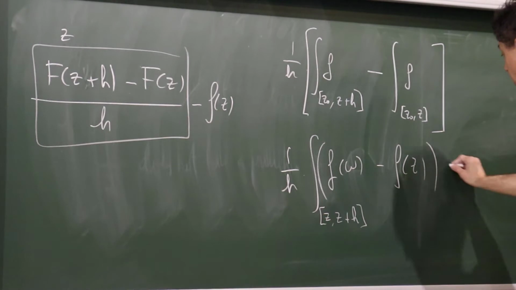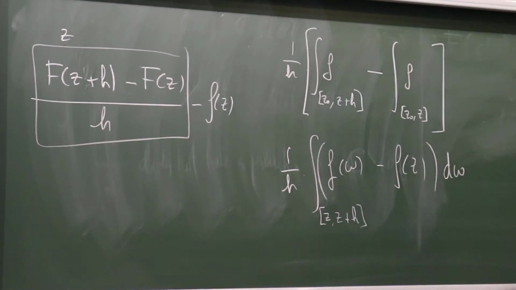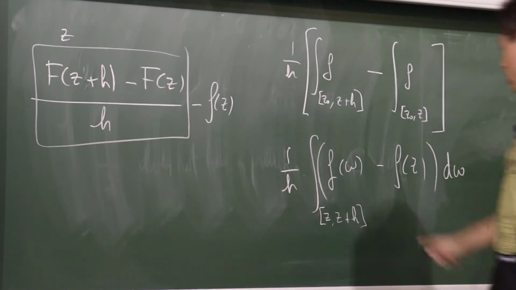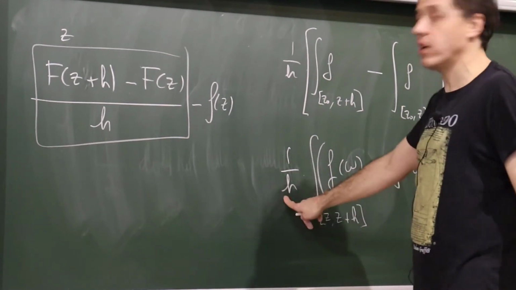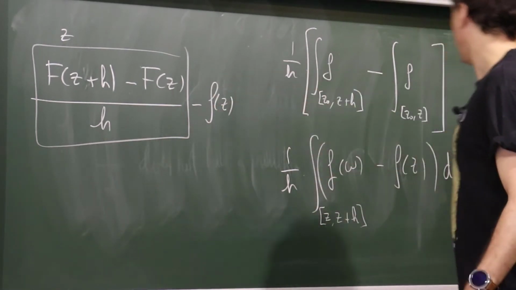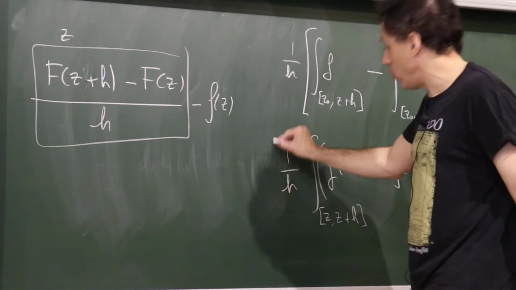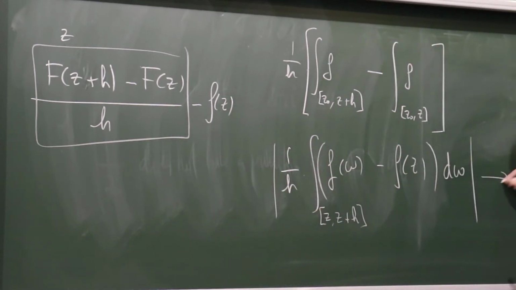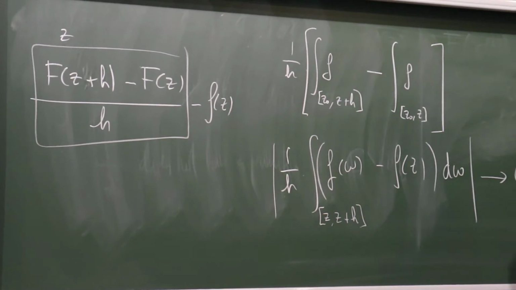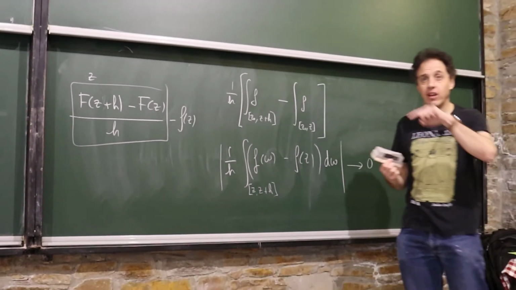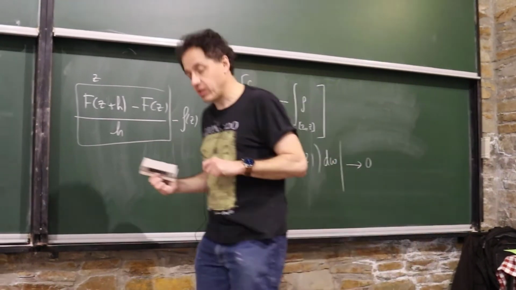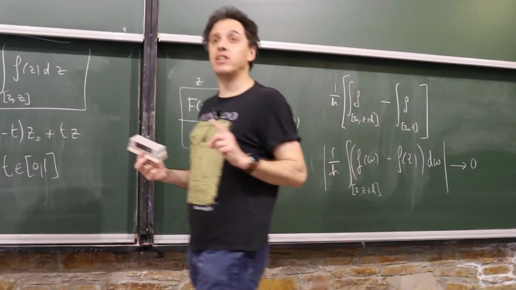This is a constant, so I integrate with respect to the variable w. The integral of f of z along this segment would be h. We divide by h, and we have that. If f is continuous, it is not difficult to see that this tends to 0, and we would have finished. But we need that the integral along this triangle is 0.